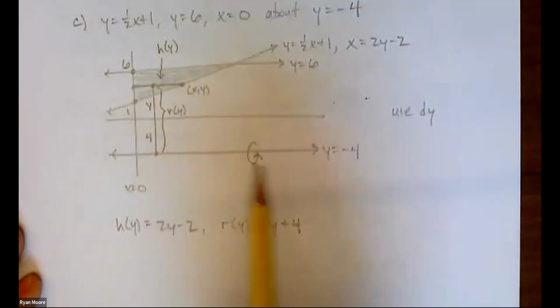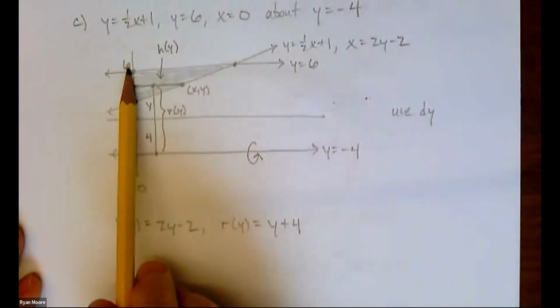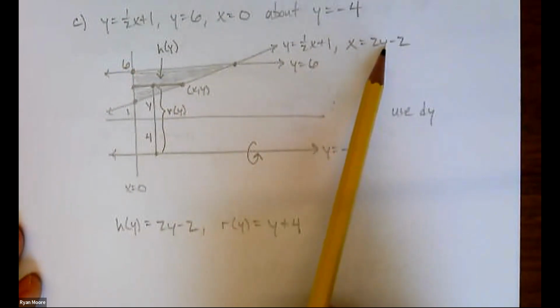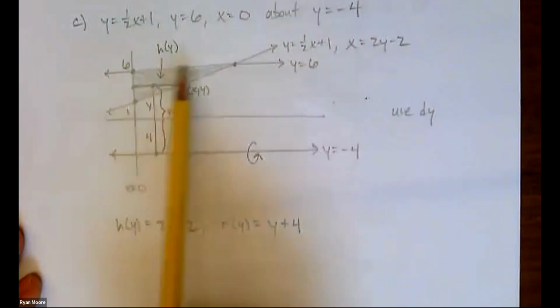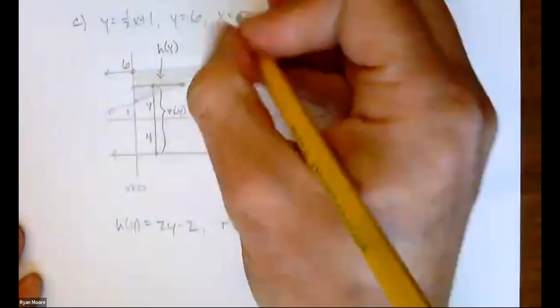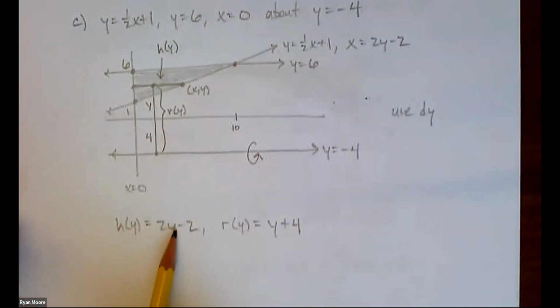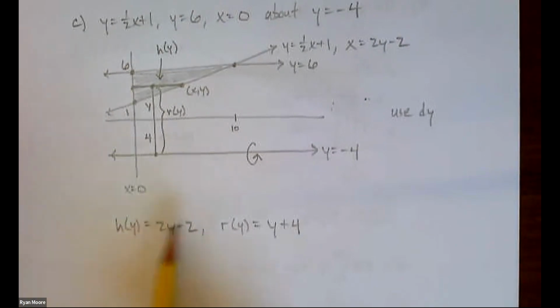I guess we could find where these intersect, or we could just think of plugging 6 into this. It would be 12 minus 2 is 10. That'll be way out there at 10 at the top of the region. It's the same idea.